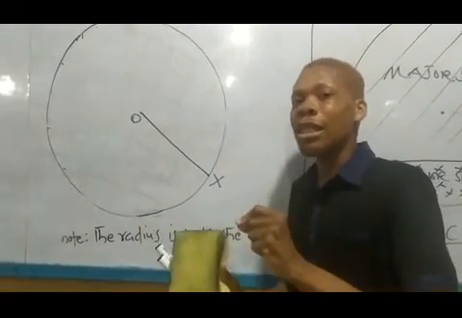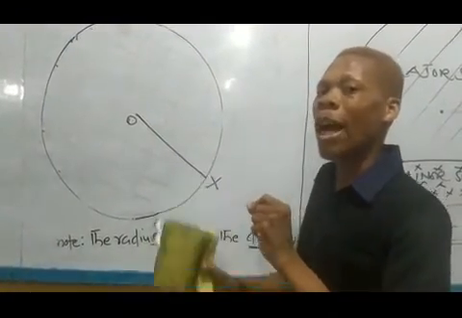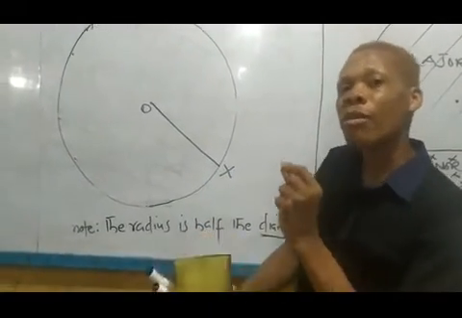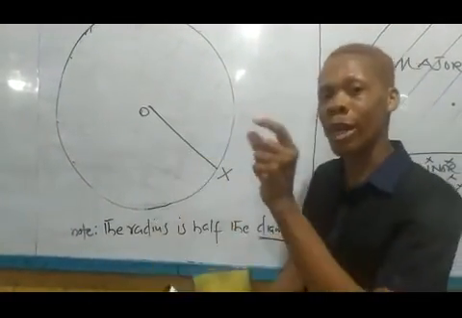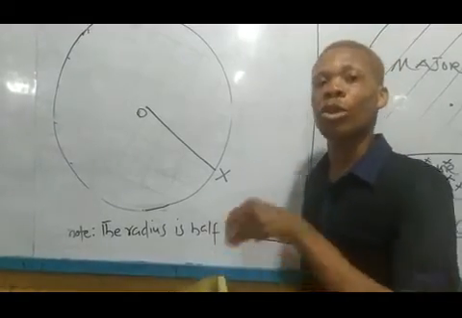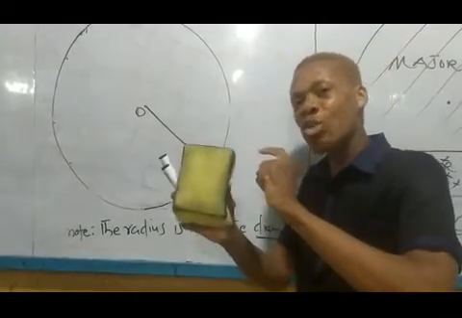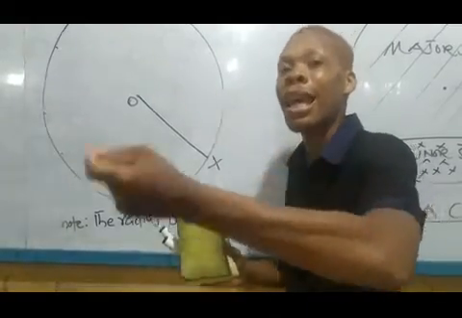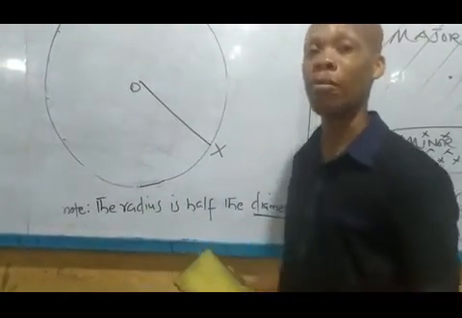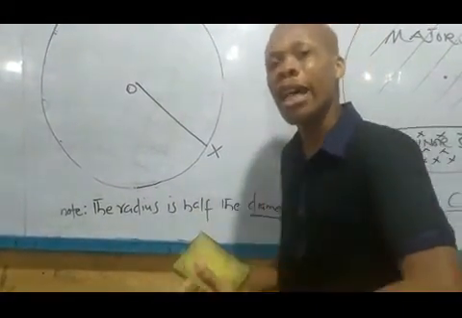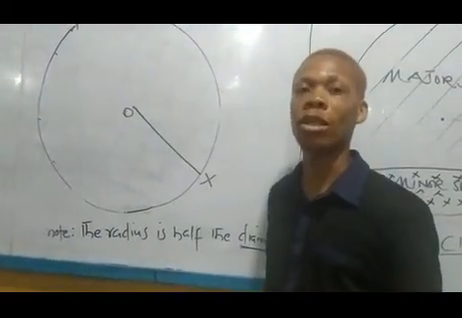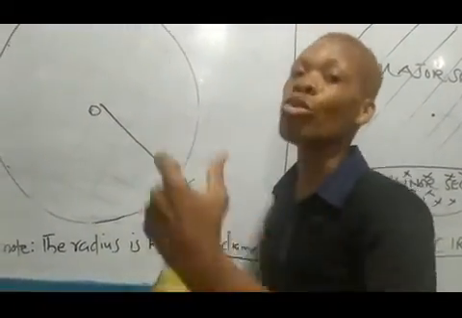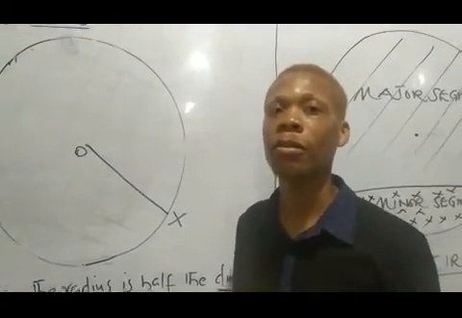The only difference is that the diameter passes through the center of the circle. So if you have a straight line joining 2 points on the circumference, and that straight line passes through the center, then that line is termed a diameter.